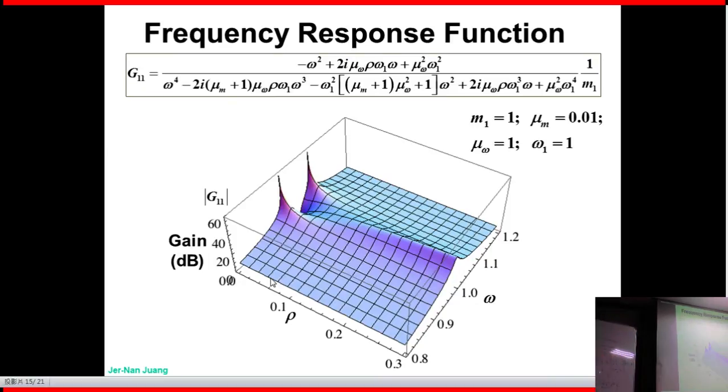Then my external frequency runs from 0.8 to 1.2, because after 1.2 or less than 0.8, you don't worry about that anymore, because you don't get gain, because you don't oscillate, you don't excite the system at all.